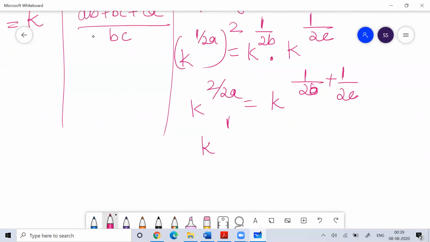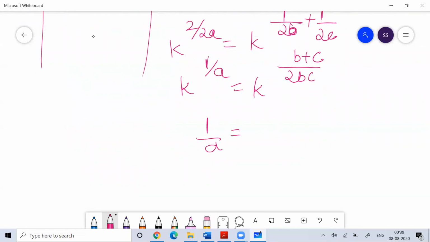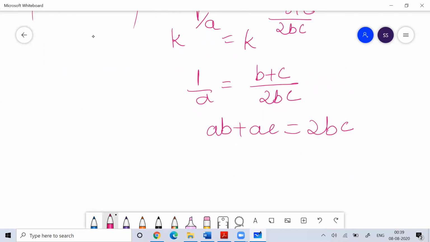So k to the power 1 by a is equal to k to the power of, taking the LCM, b plus c by 2bc. So 1 by a is equal to b plus c by 2bc. So ab plus ac is equal to 2bc. So you can say AB plus AC by BC is equal to 2.